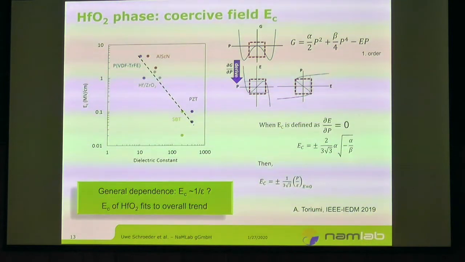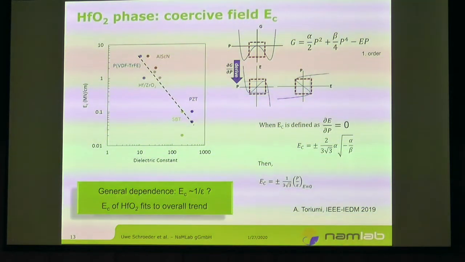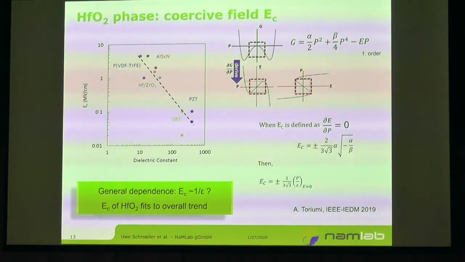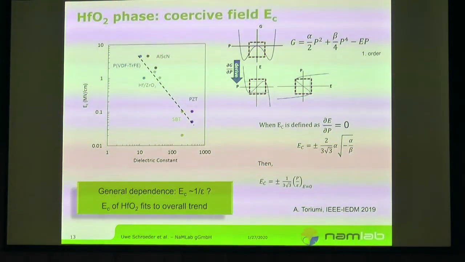And maybe, and this is what we derive from Landau theory, if you have the Gibbs free energy and the two polarization states, then you can derive this and switch P and E, and then you can see that the coercive field would be dE divided by dP, where this is 0.